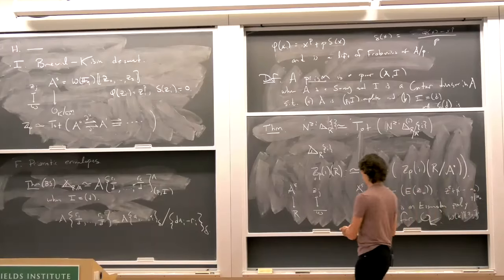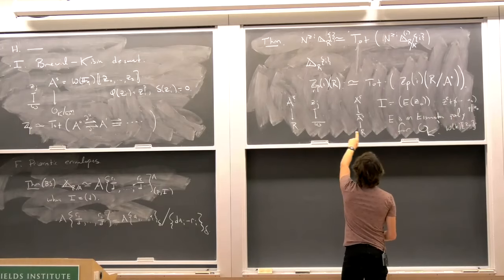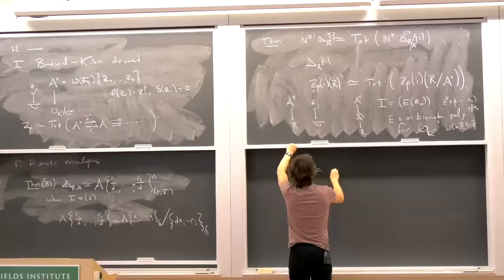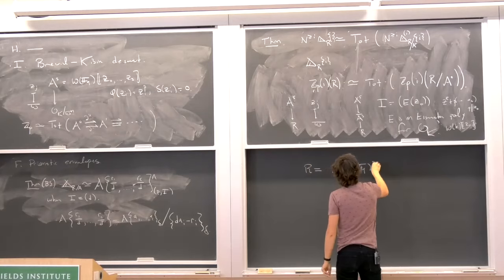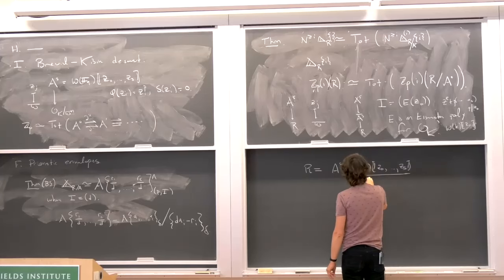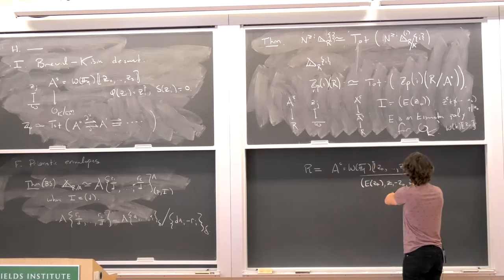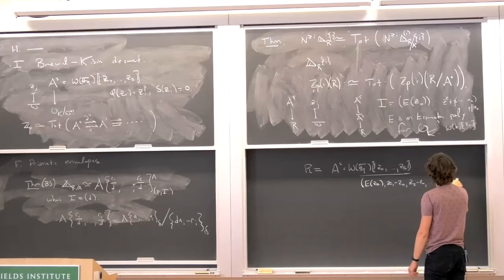And now the only difference is that we have several variables. But that's okay, because in this picture, R is now A_S, so that's W(k) power series in Z_0 through Z_S, and it's then modded out by the ideal generated by E of Z_0, and then I just need to equate all of the other variables, Z_1 minus Z_0, Z_2 minus Z_0, up to Z_S minus Z_0.